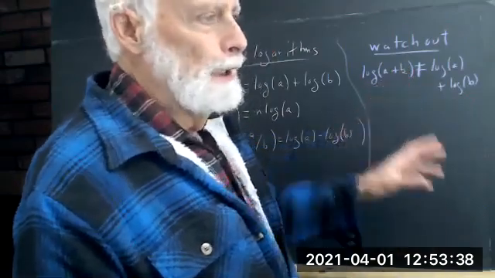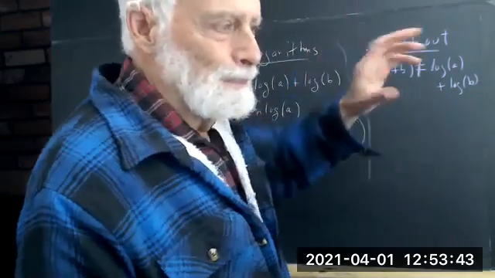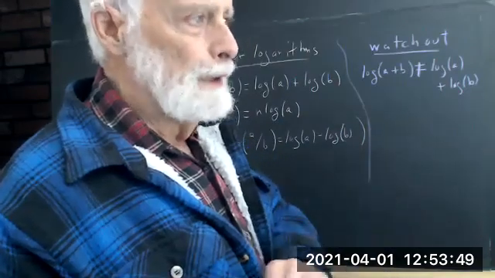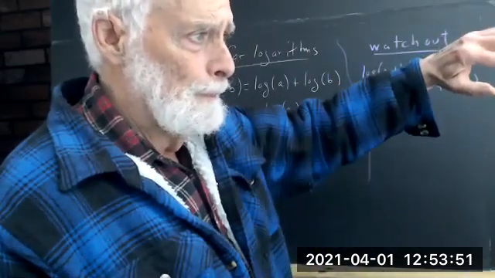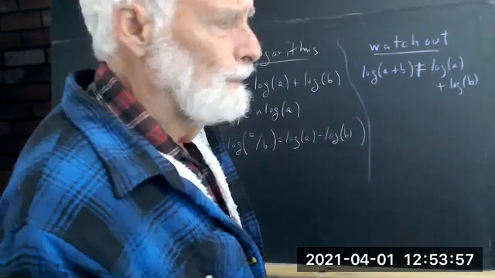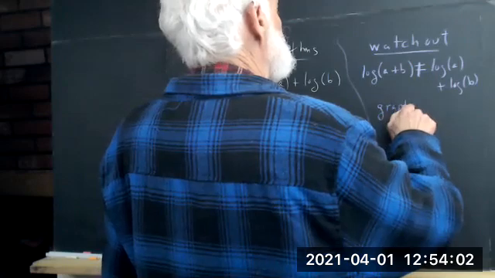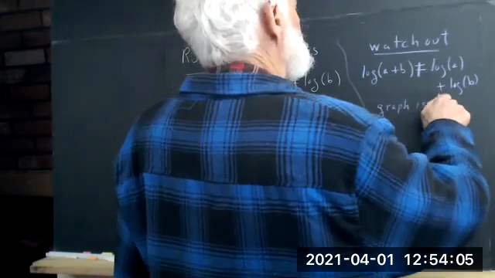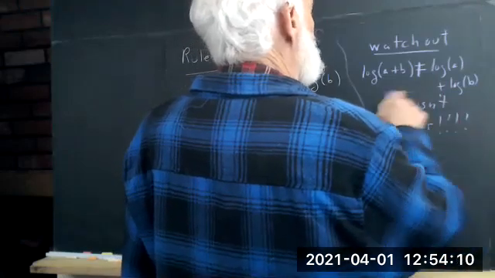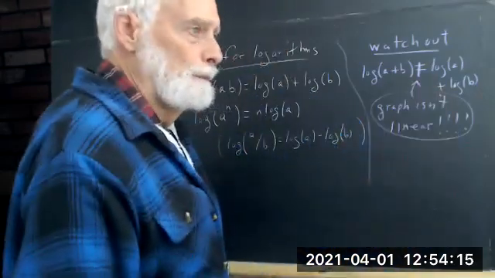The log is not a linear operator. If it was a linear function, then f of A plus B would equal f of A plus f of B, but only if f is linear, meaning it has a straight line graph. Log doesn't have a straight line graph. This won't happen, okay? The graph isn't linear, so that's not so.